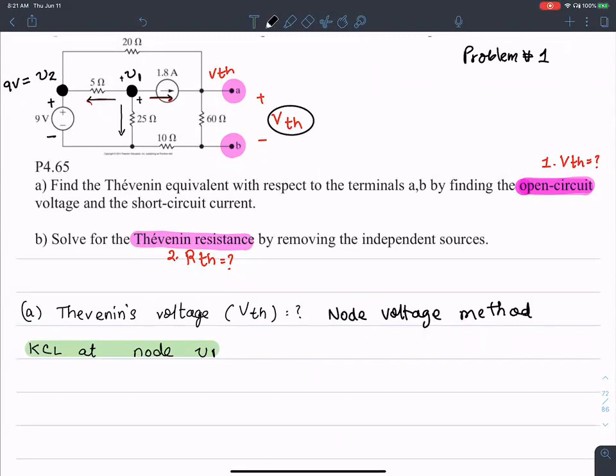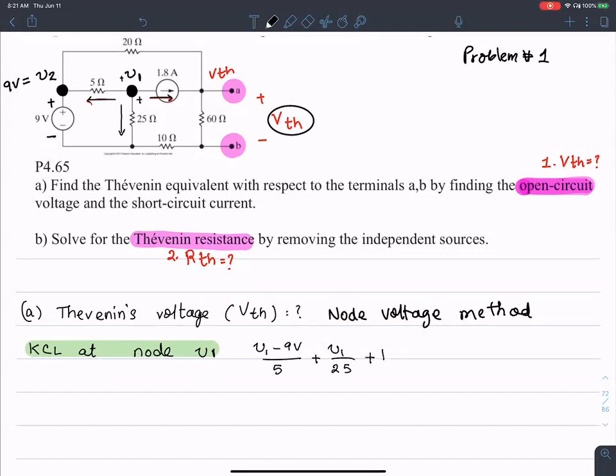Is it V1 minus V2 over 5? V1 minus V2, which is 9 volts, over 5. Yes, plus V1 over 25, correct? And the current source is kind of throwing me off.